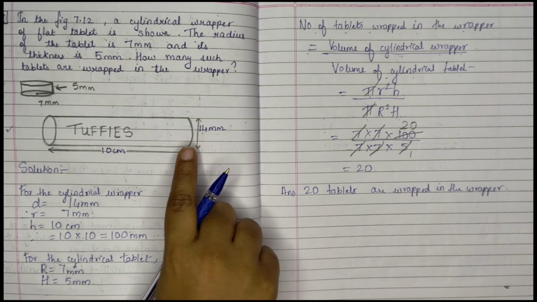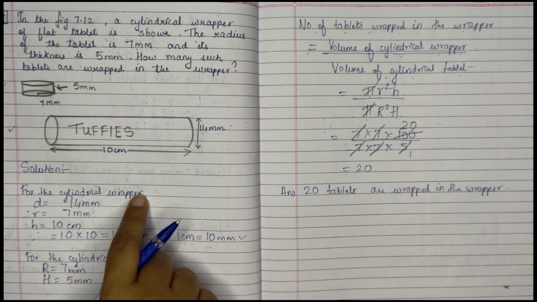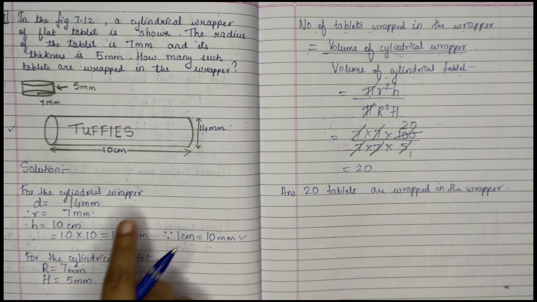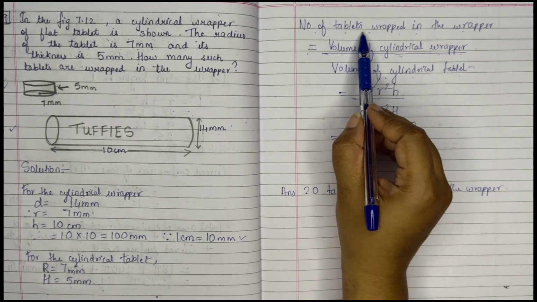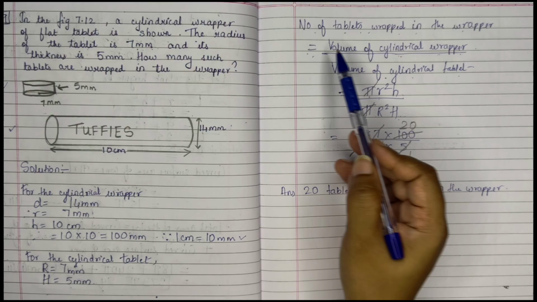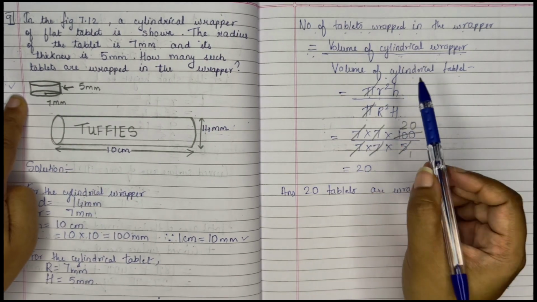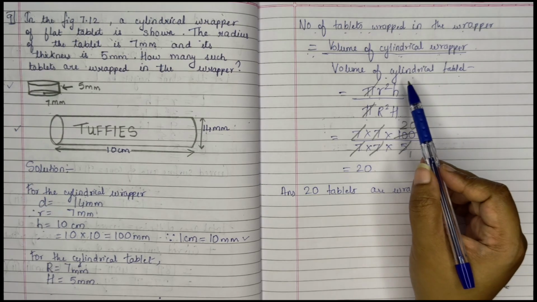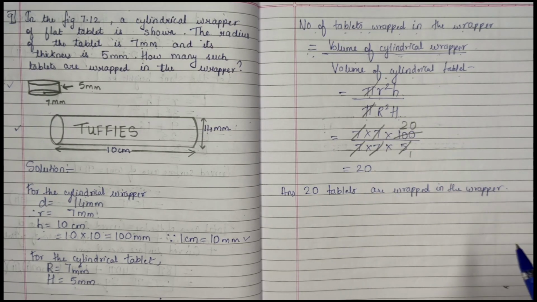What we did here: first we wrote whatever was given for the cylindrical wrapper and for the cylindrical tablet. Then the number of tablets in the wrapper is equal to the volume of the cylindrical wrapper upon the volume of the cylindrical tablet. Then you can write down the formulas, put in their values and find the answer. So we have finished sum number 9.